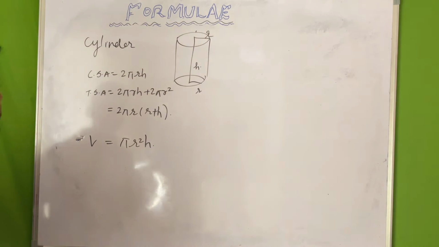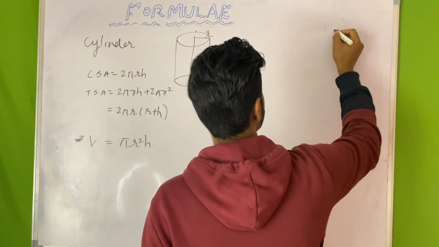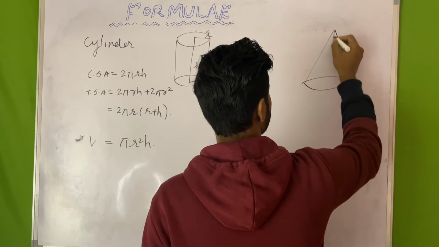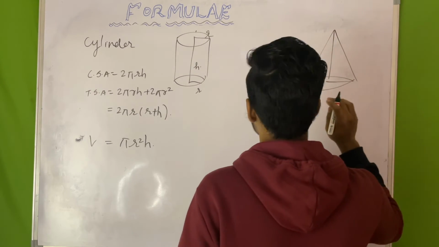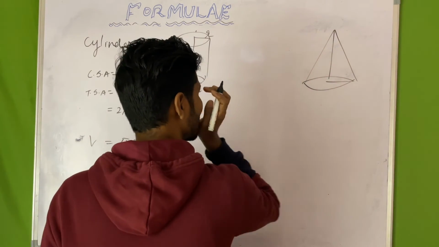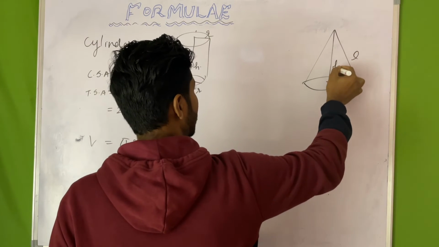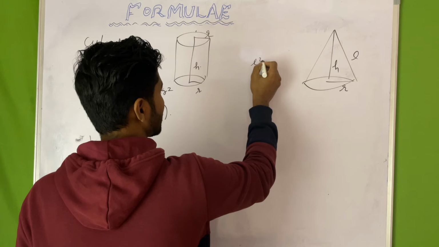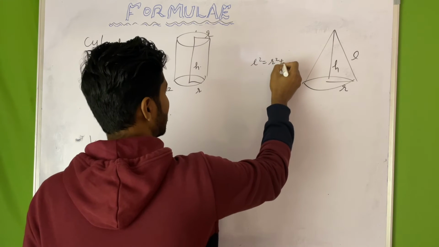Okay, so after cylinder we have cone. This is cone. This is L, this is height, and this is radius. So we have one relation, L square equals r square plus h square.